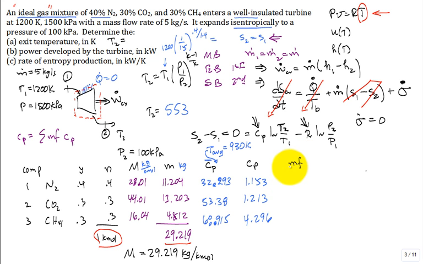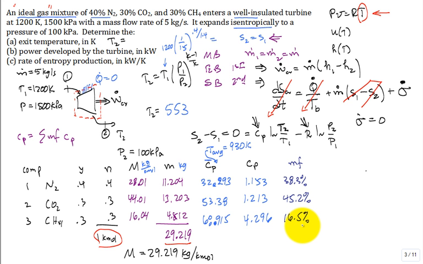The mass fraction of nitrogen is 11.204 divided by 29.219. Isn't that the mass fraction? So the mass fraction for the nitrogen comes in at 38.3%. The mass fraction of the carbon dioxide, 45.2%. And the mass fraction is 16.5% for the methane.